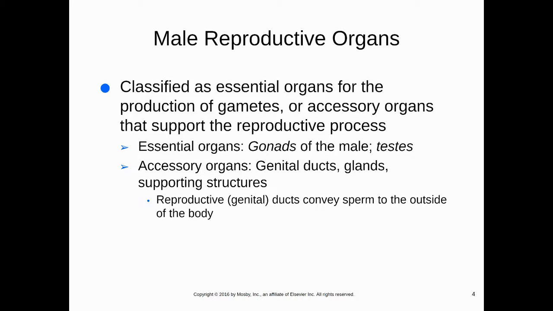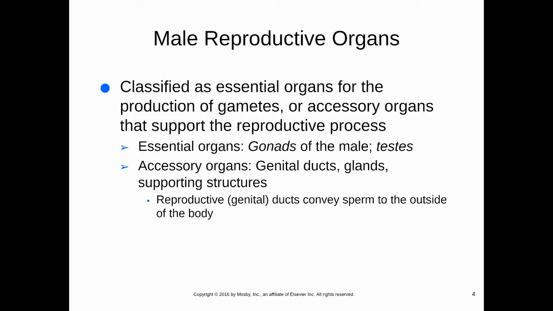When it comes to the male reproductive system, the organs are classified into two different categories. Sorry, the first one is the gonads, which is essentially your testes for the most part, and they're the ones that make the gametes. Everything else is considered an accessory organ, so that's your genital ducts, your glands, and your supporting structures.